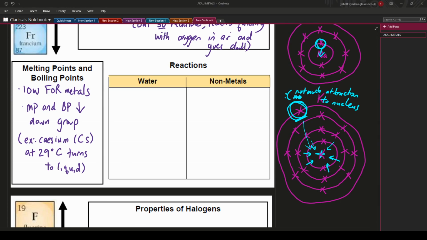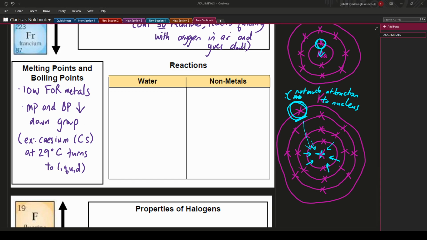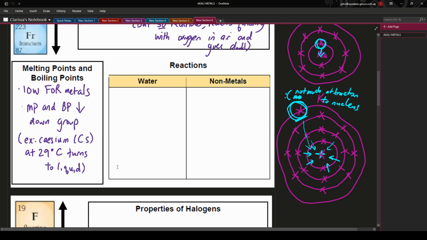Now the main thing that we do see when it comes to our alkali metals, remember I mentioned a little bit earlier that the reason why they're called the alkali metals is because when you put them in water, they chemically react to form an alkali. And so the first key thing I want you to understand is that they all react with water, and they actually react quite violently with water.